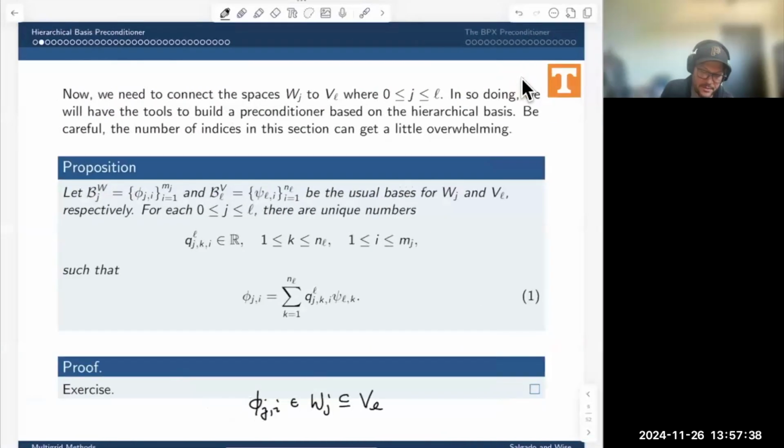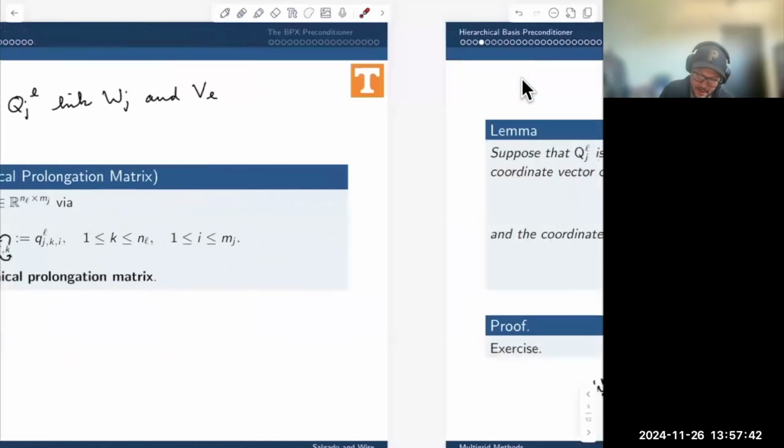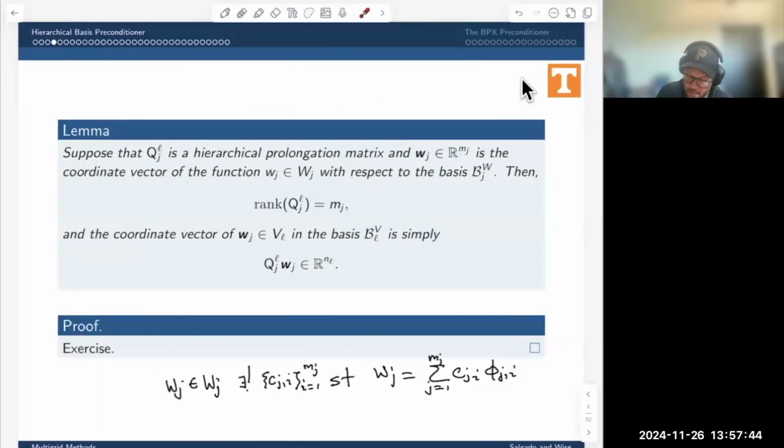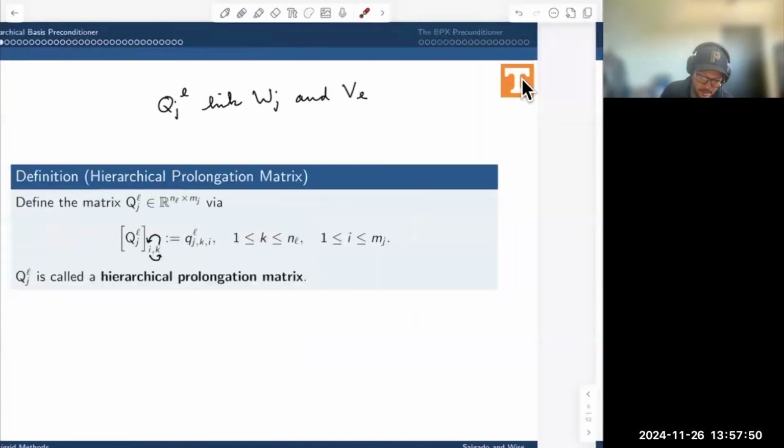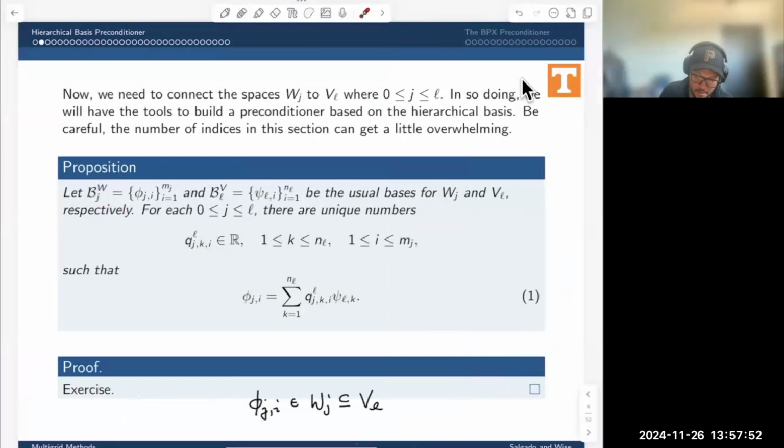So these are the basis elements here. Now, each of these basis elements can be written as a linear combination of these vectors. So now I'm going to throw this in there.